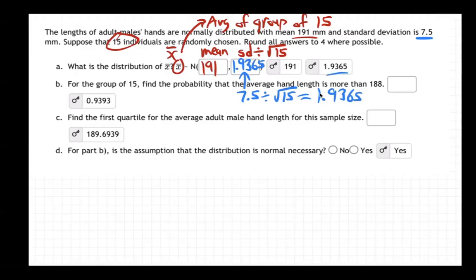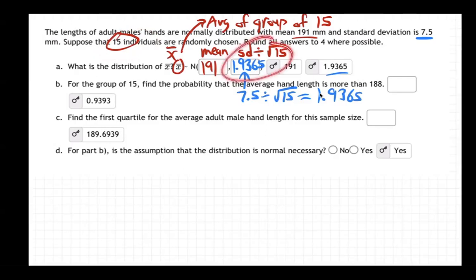So you have to remember that when you're dealing with a group average. We're not talking about grabbing one man at random and saying how long is his hand. We're talking about grabbing 15 guys at random and finding the average of their hand lengths.